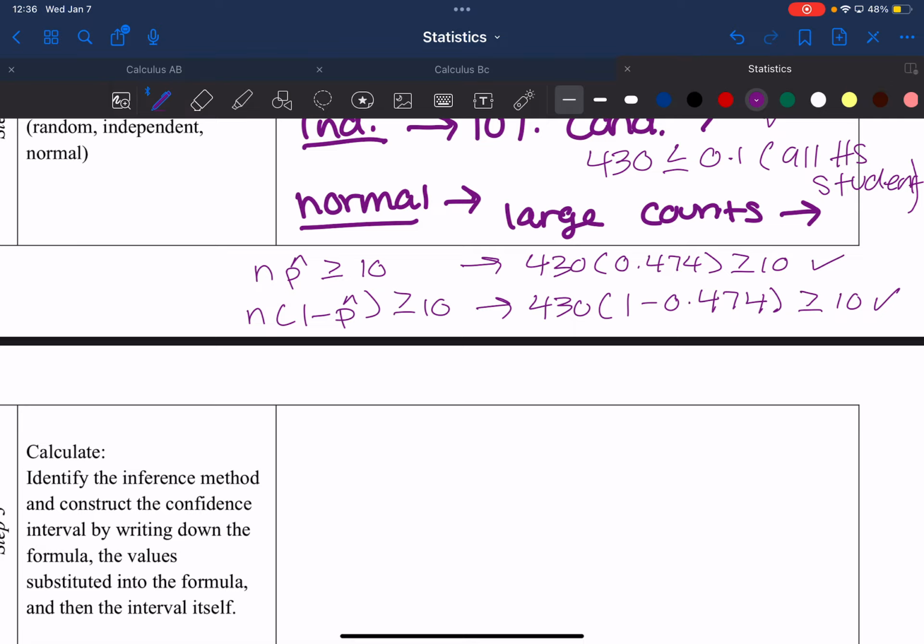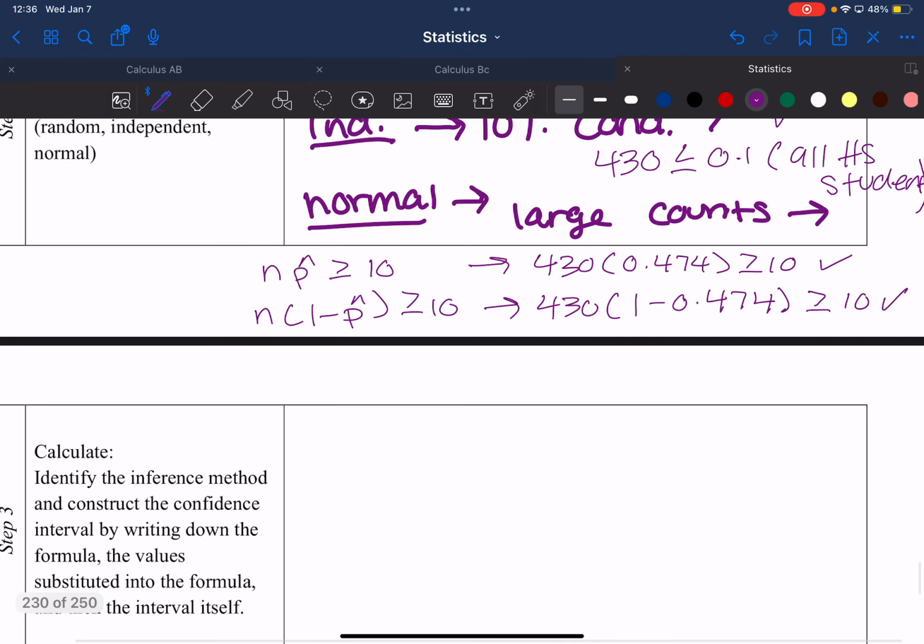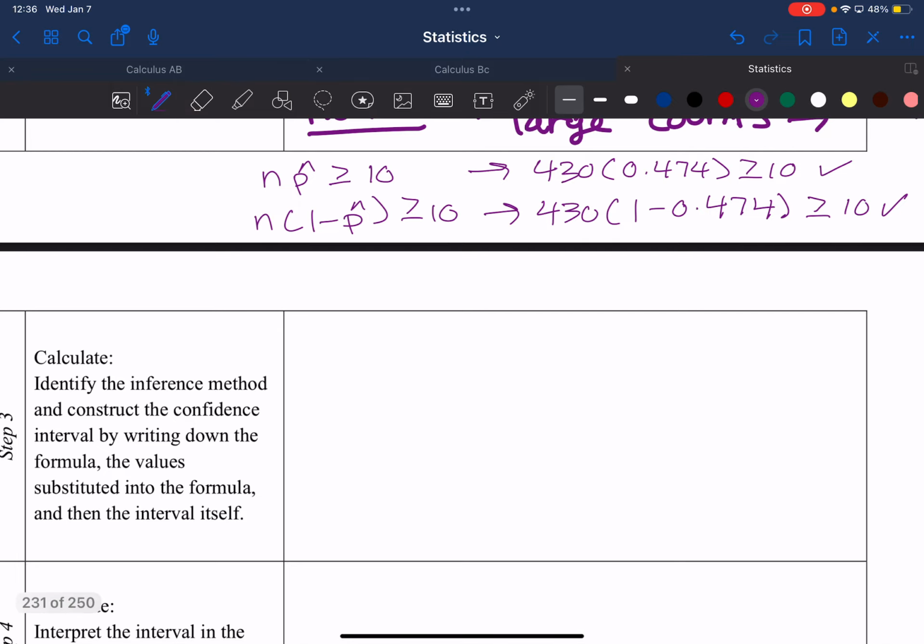For the calculation portion, it is not enough to write an answer. You will not get any points on the FRQ if you just write an answer. Because later I'm going to show you how to do this all on Desmos. So the first thing that you have to do is identify the inference method. Remember that thing I told you to star? What is the name of this inference method?